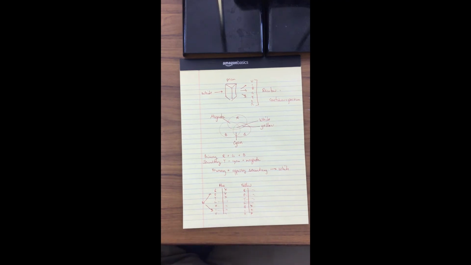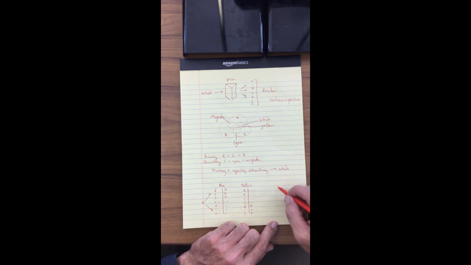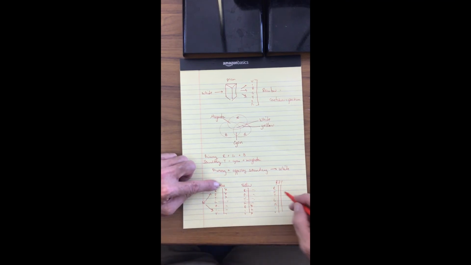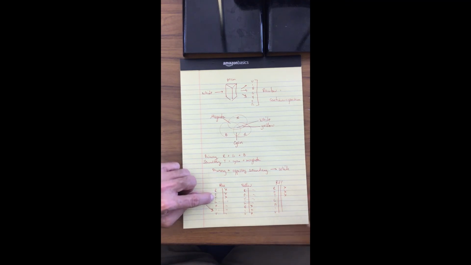So what happens if we put the blue and the yellow on top of each other, as we did in the lab? We have the blue plus the yellow filter. Let's do all the colors of the rainbow, Roy G. Biv. The blue filter blocks the warmer colors of red, orange, and yellow.